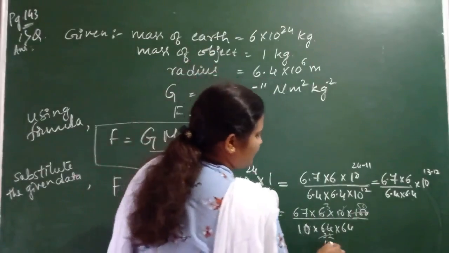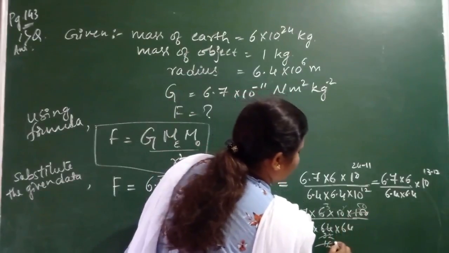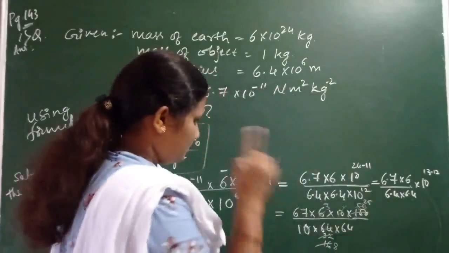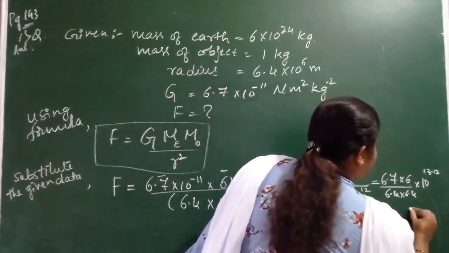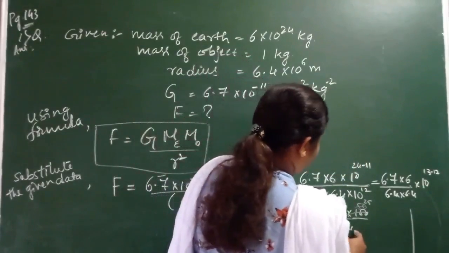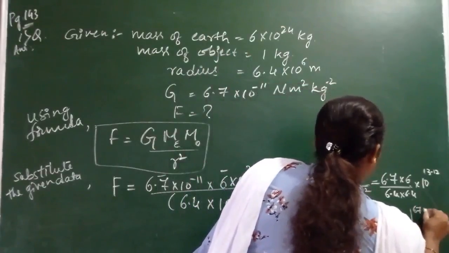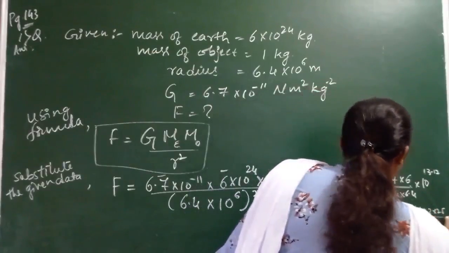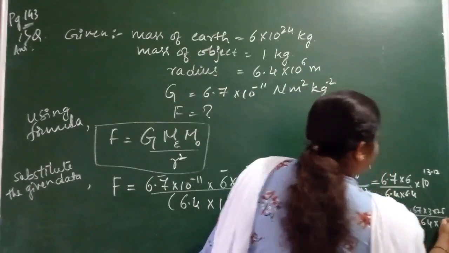Once again, 2 8s are 16, 2 2s, and then 5s. Now multiply, children, that is rough work you can do here. We'll multiply 67 into 3 into 25, whole divided by 64 into 8.